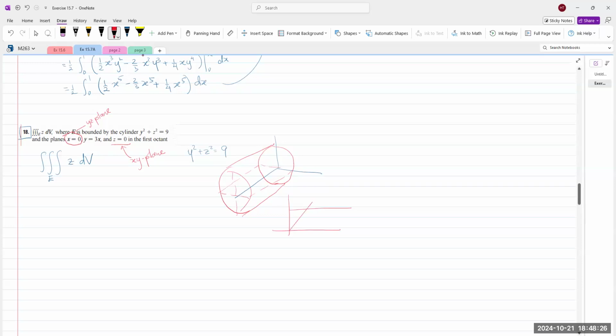So y equals 3x looks like this, then. So the domain will look like this. This is the domain on the xy plane. But it goes up and down though? Oh no, only in the first octant, so it goes up only. So if I go back to this picture here, let me use blue. It will look something like this.